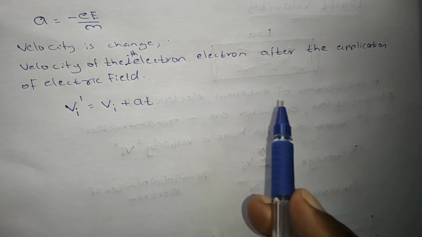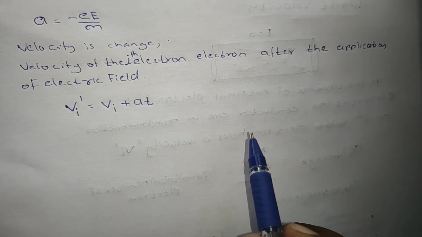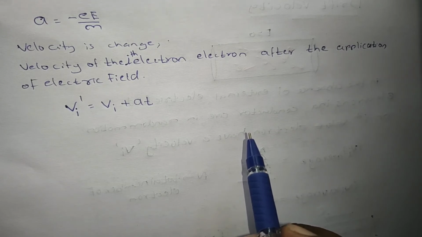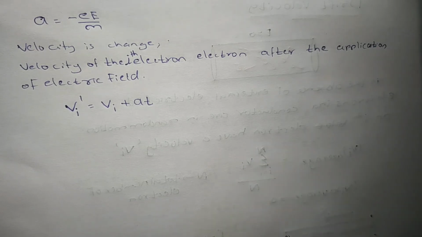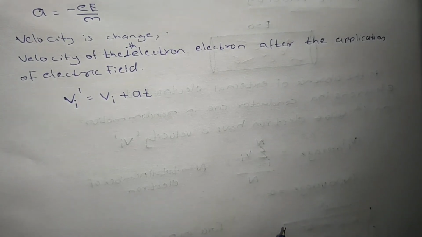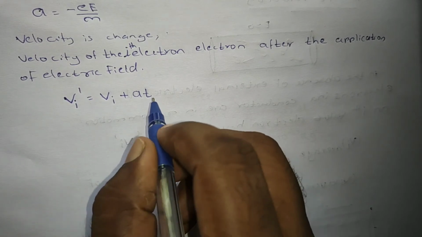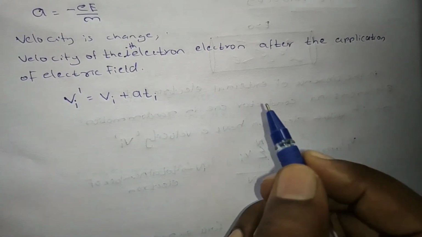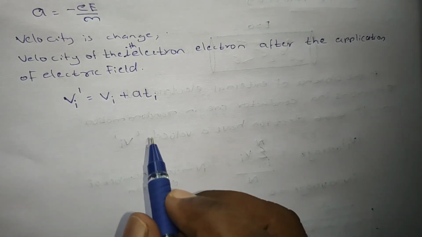The electrons collide with the positive ions, are accelerated again, and collide again. The time of collision is very small, and the electrostatic force acts in between the collisions. So we take this time as ti. Clear?